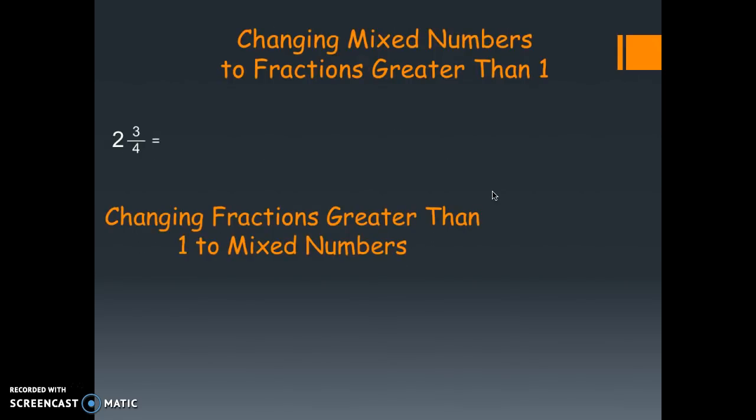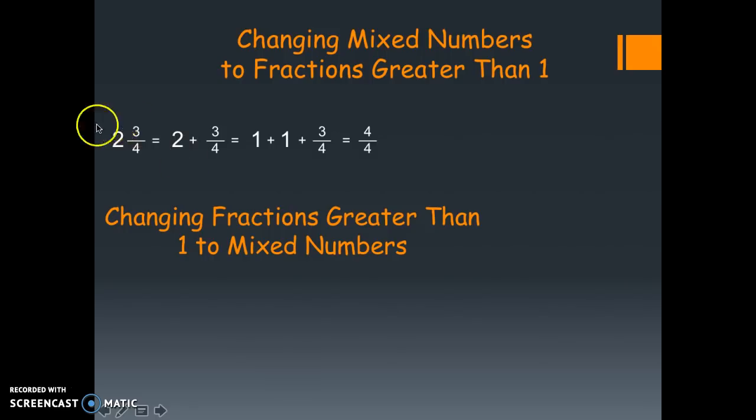So changing mixed numbers to fractions greater than 1. So if we have 2 3/4, we can think of it as 2 plus 3/4, right? We talked about that in one of the first screens today. So we can take that 2 and figure out, well, how many wholes is that? Well, it's 1 plus 1 equals 2, plus the 3/4 that we have left over. And if we change those ones into fourths, each one is worth 4/4 because it takes 4/4 to make a whole.